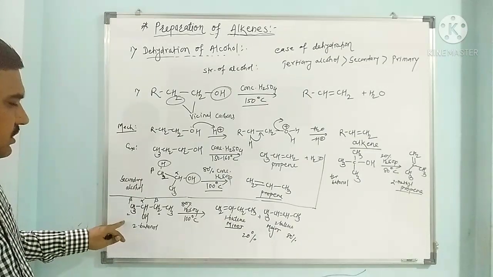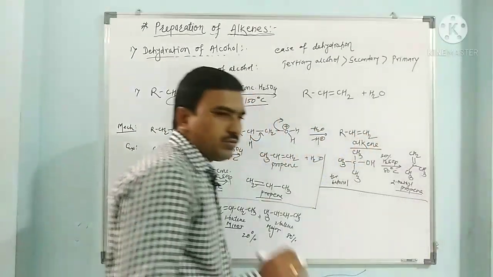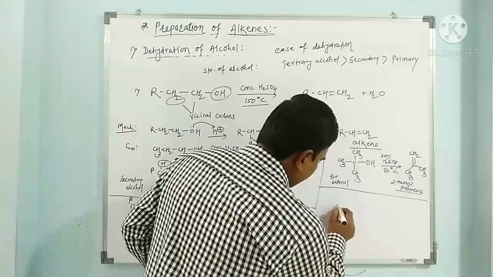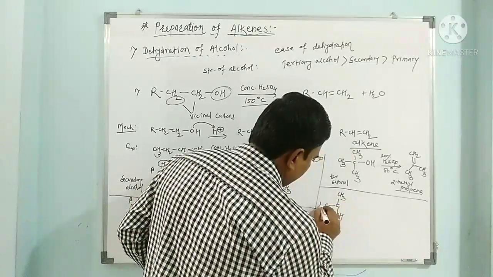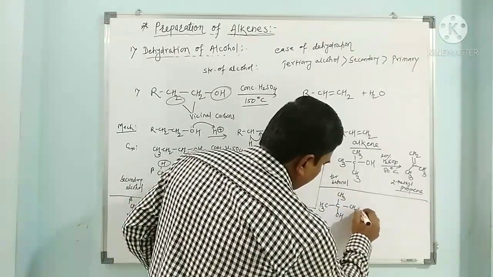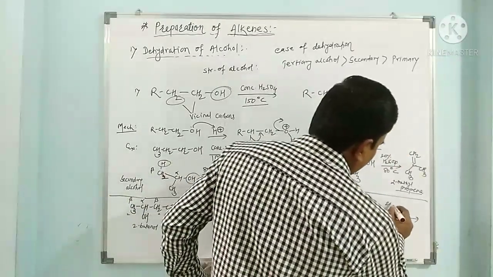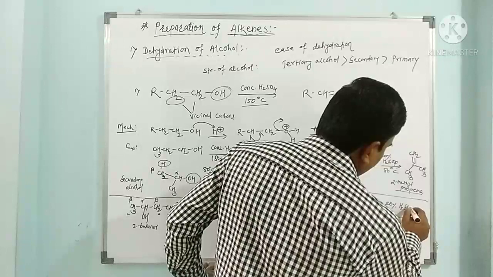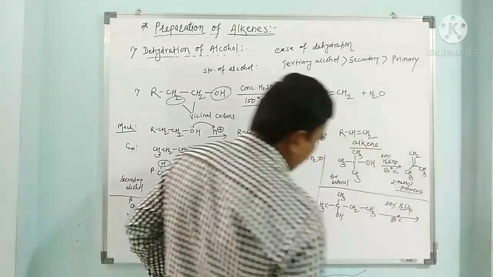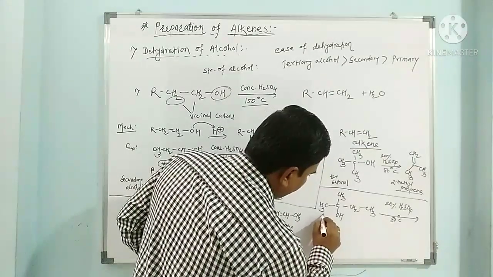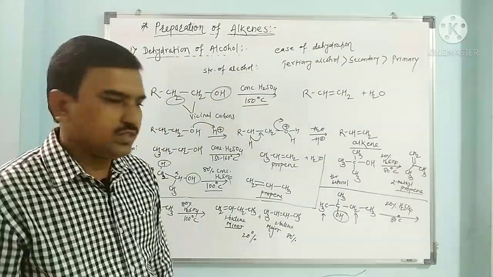If I have the example of a tertiary alcohol having two different types of beta hydrogen, such as CH3-C(OH)(CH3)-CH2-CH3, when it reacts with 20% sulfuric acid at around 80 degrees Celsius, a proton can be lost from this carbon or from this carbon, along with this OH.